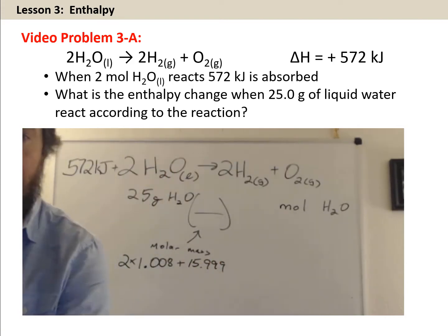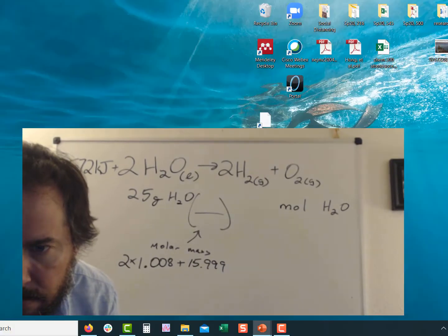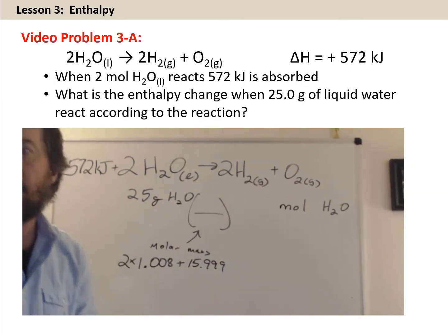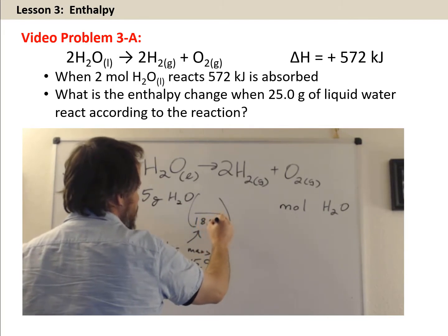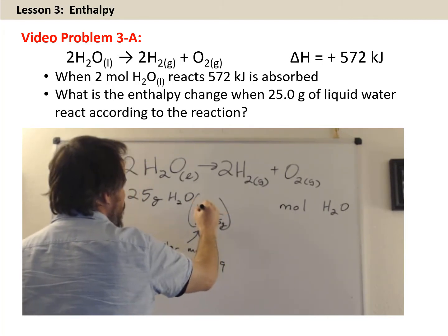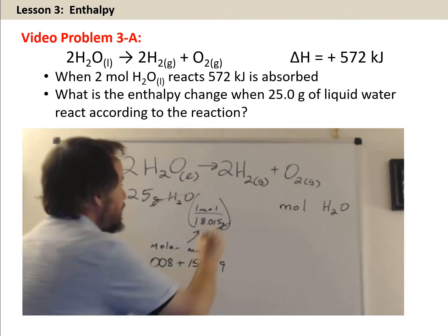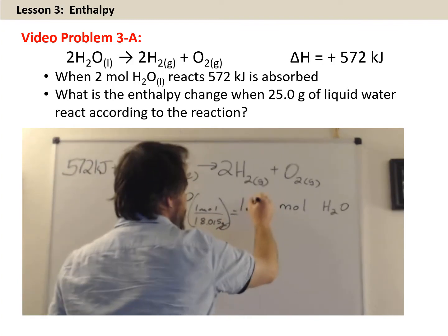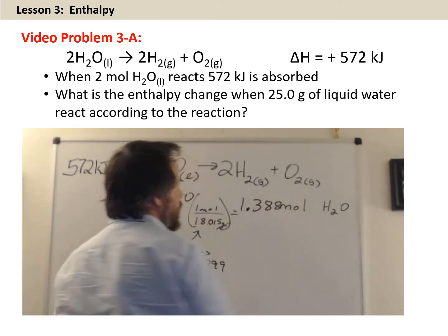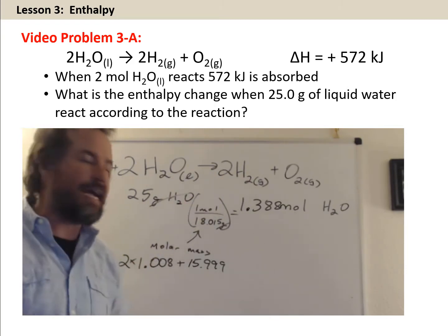And so that's going to get me 18.015 grams, 1 mole. Grams cancels out, and that's going to get me 1.388 moles H2O. So that's how many moles are reacting.